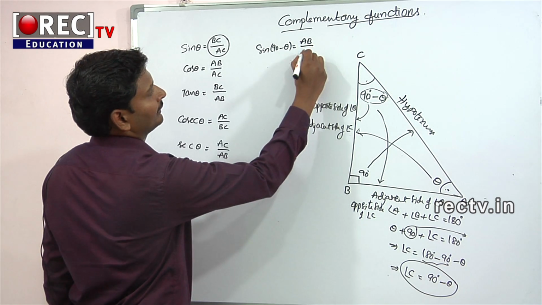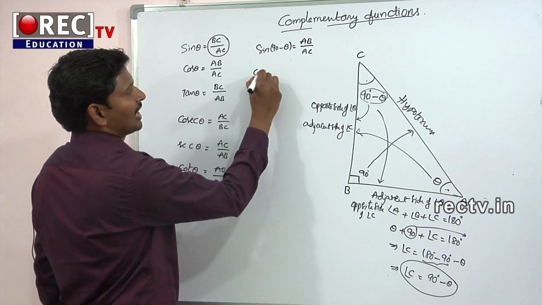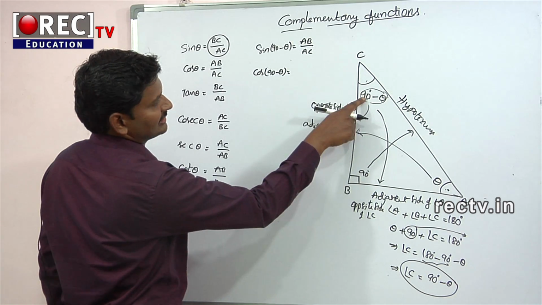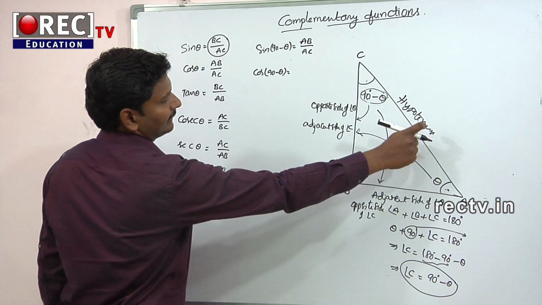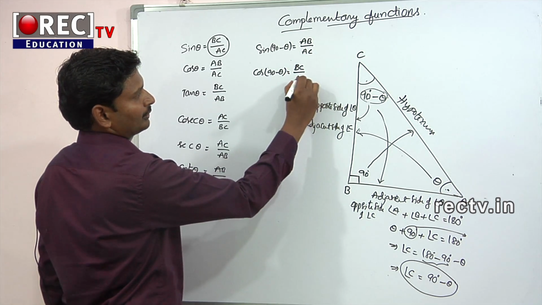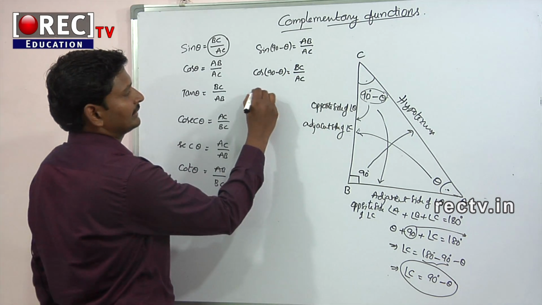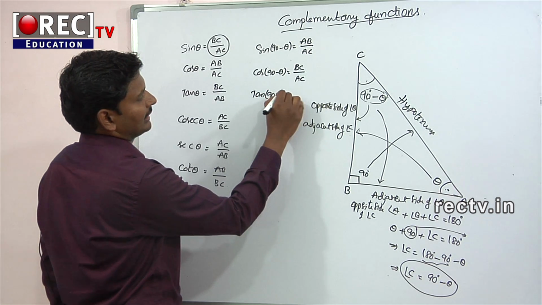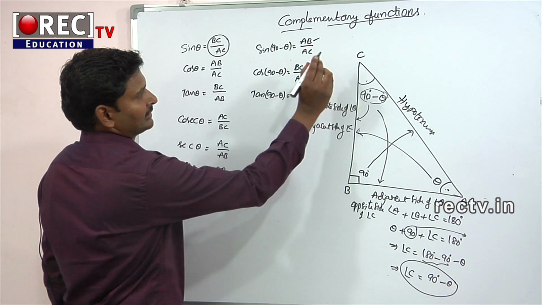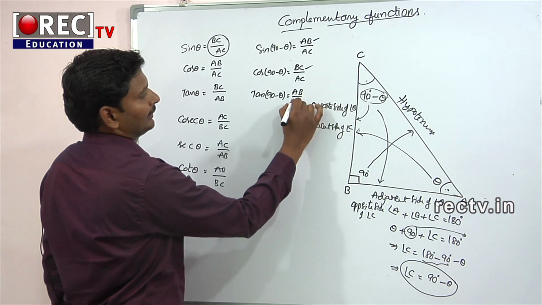So AB divided by AC. Next, cos 90 minus theta is equal to the adjacent side over the hypotenuse. Here the adjacent side is BC and the hypotenuse is AC. Next, tan 90 minus theta is equal to the opposite side by the adjacent side, AB divided by BC.